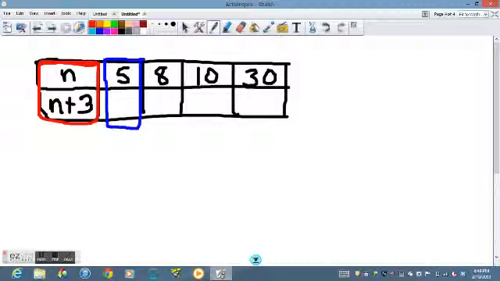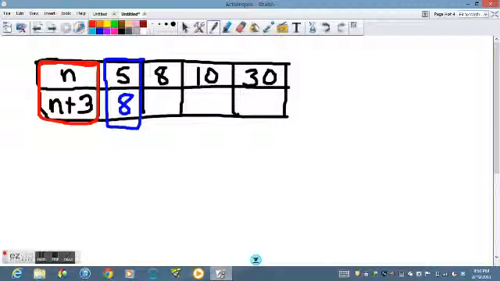So for the first column, 5 is our n. And so in the bottom box, underneath the 5, we have to put n plus 3. Since our n is 5, for n plus 3 we're going to have 5 plus 3, so this is going to be 8.